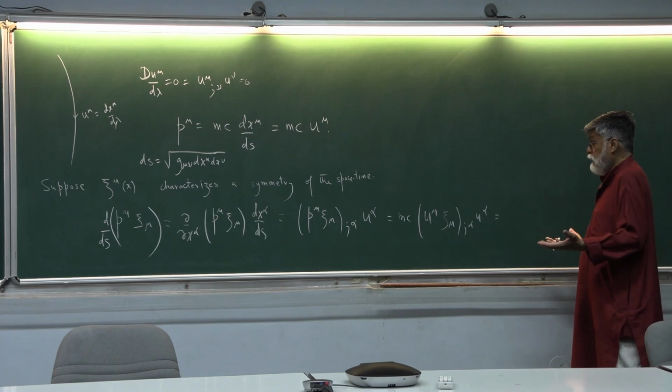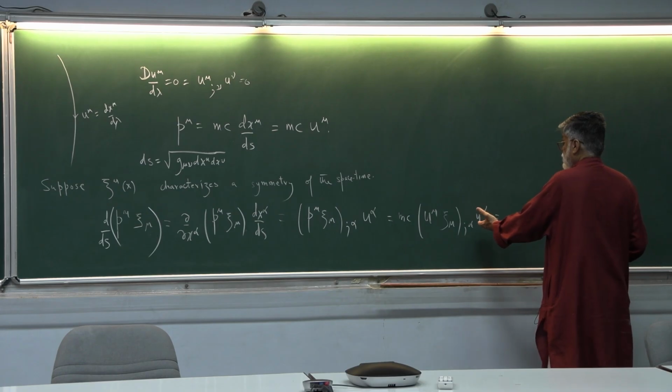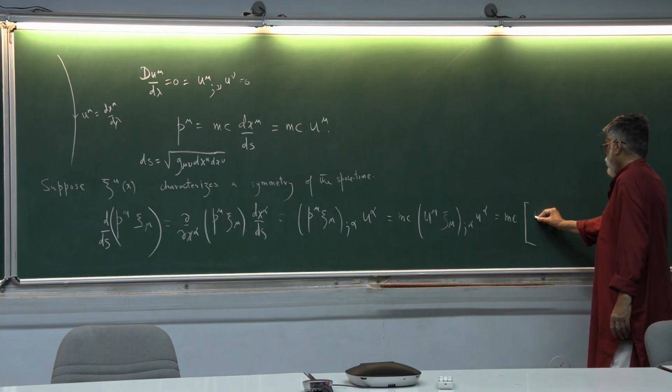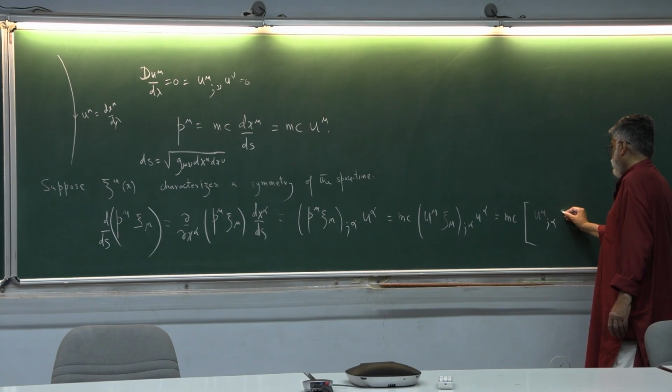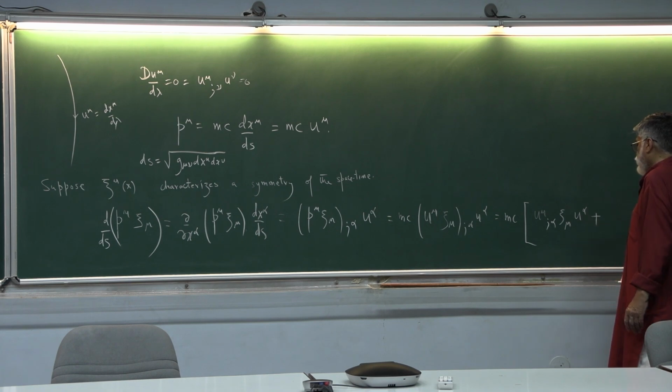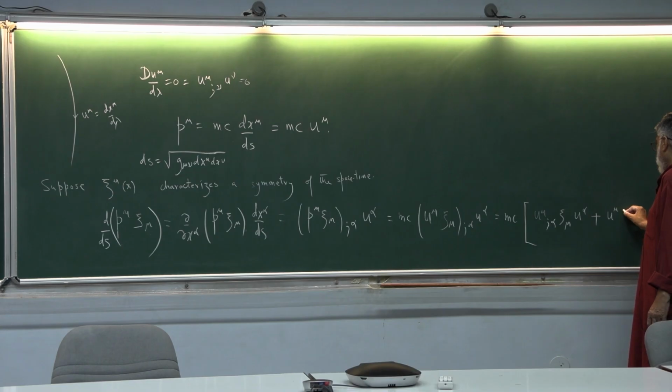Now I know that the covariant derivative is a derivative, so the Leibniz rule must be satisfied. So therefore, this will be mc times: first, u_μ (∇_α ξ^μ) u^α, and then plus ξ^μ (∇_α u_μ) u^α.